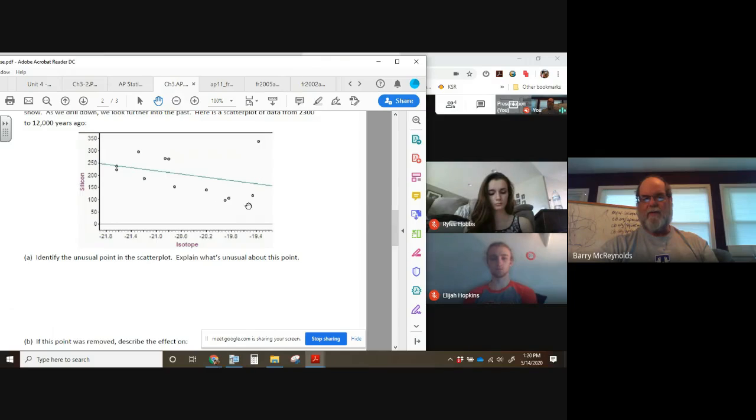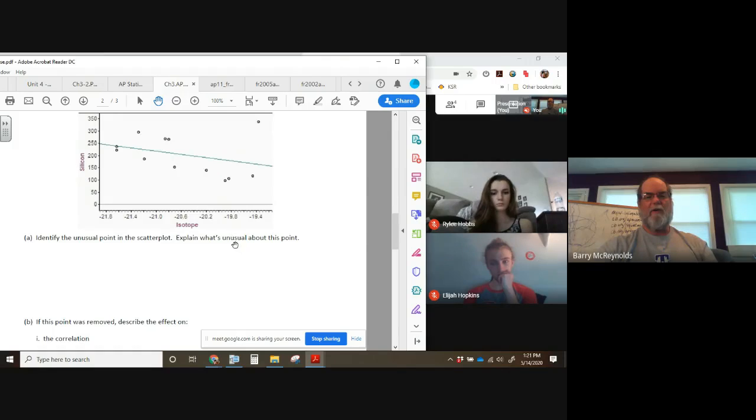Its x value is in line with the pattern of the rest of the data. And so we would call it, another term you might use here, an influential point, because it has a very high residual compared to the rest of the values. You can see the rest of the values are pretty uniformly distributed around the line. And so you might describe this as an unusual or influential point, because it has such a high residual. Okay, so that's part A.